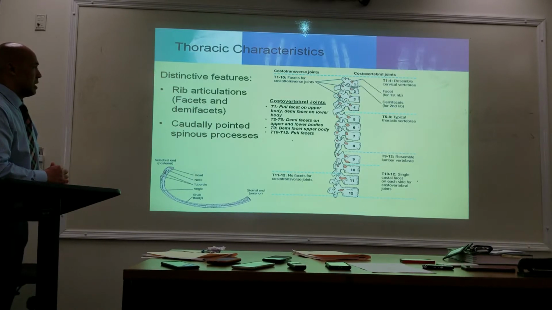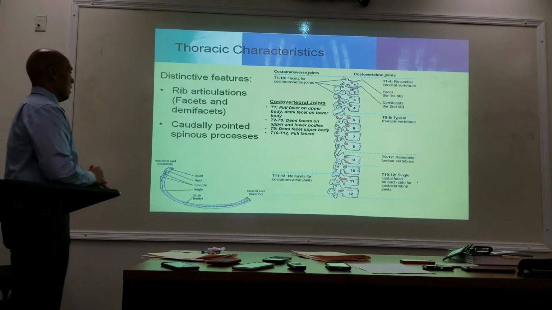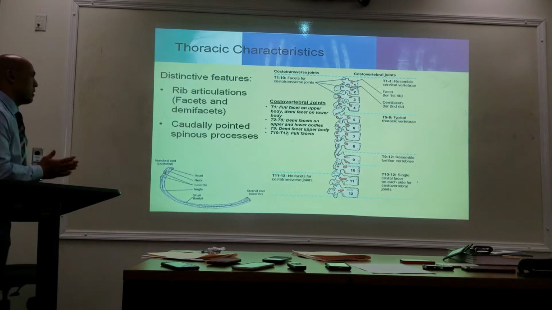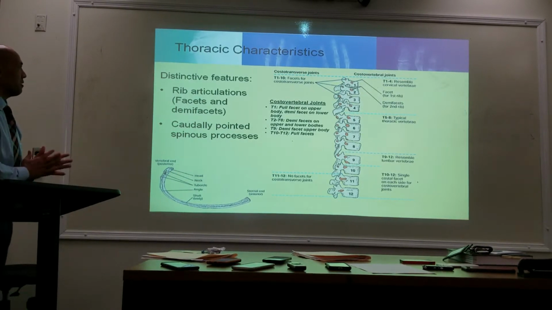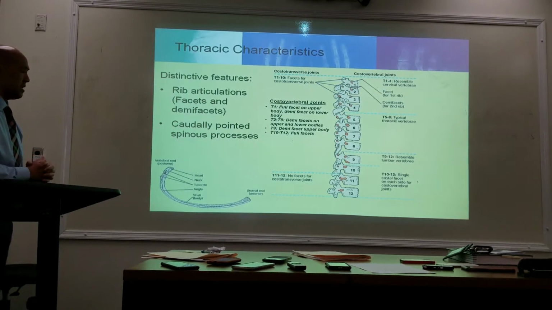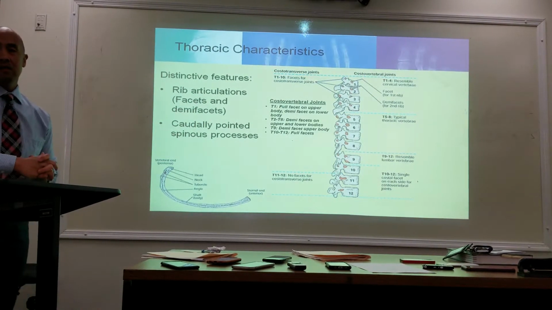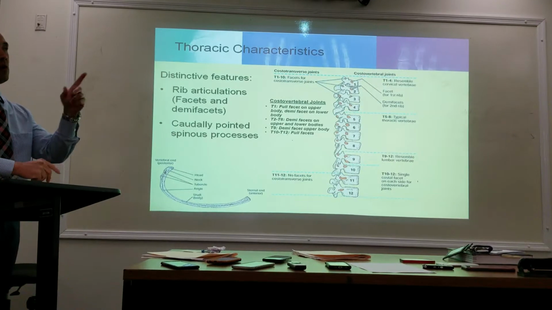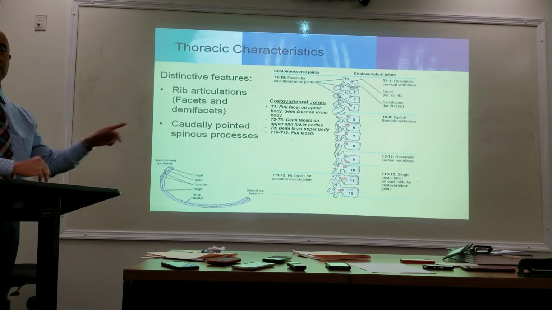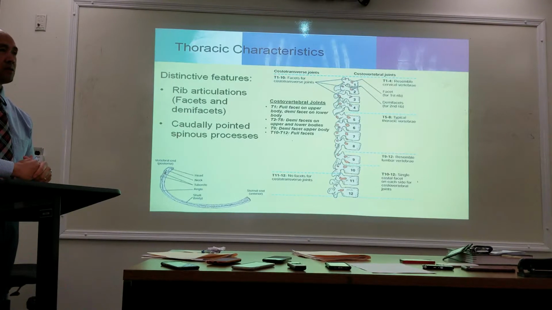The other thing that's unique about the thoracic vertebrae is that the spinous process points down. If you recall on the cervical spine, the spinous process pointed outwardly. In the thoracic vertebrae, the spinous process starts to point downward.